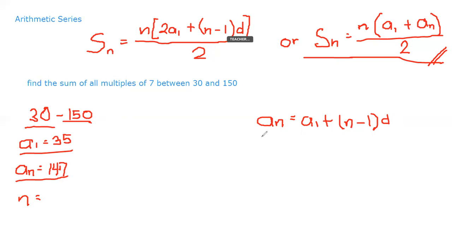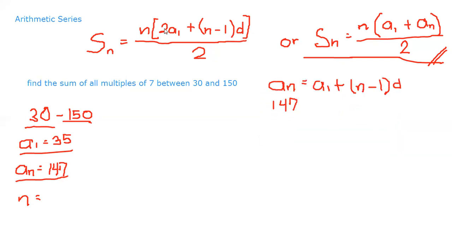Si a sub n natin, that is 147. Tama? Then, our a sub 1 is 35. Nasusundan ba natin, class? Si n natin, wala tayong value ni n, so rewrite natin si n as n minus 1 then d.